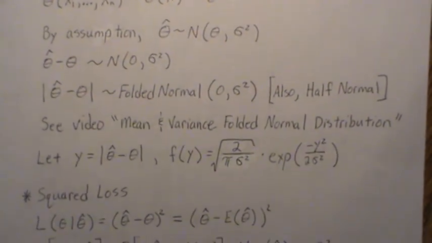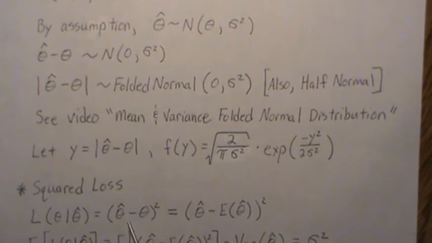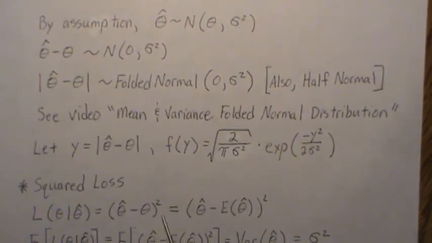So now let's look at squared loss, and the loss function is this. So it's the difference in our estimator versus the parameter we're estimating, squared. And since Thetahat is unbiased, this theta is actually equal to the mean of our estimator, right? Because this is theta.